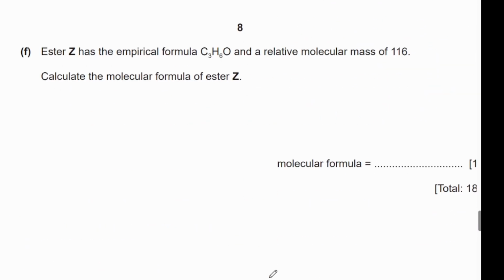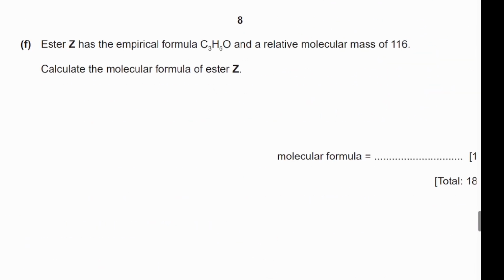Okay. F. Ester Z has the empirical formula C3H6O and a relative molecular mass of 116. Calculate the molecular formula of ester Z. So this is a 1-mark question. It's very simple. First, you need to calculate the Mr of C3H6O.